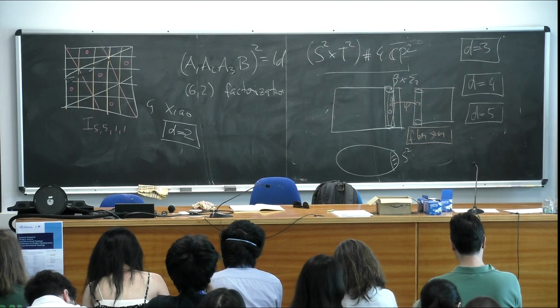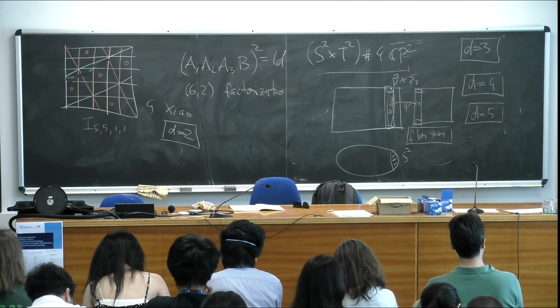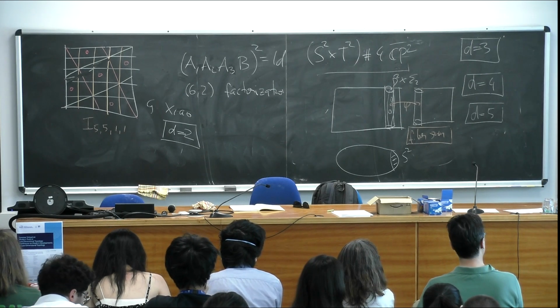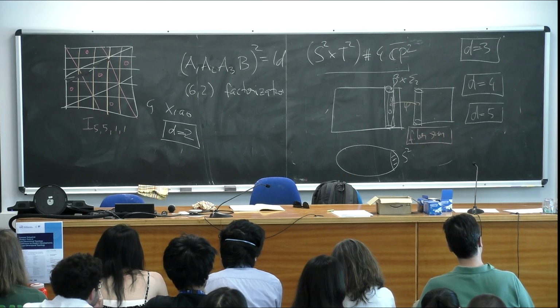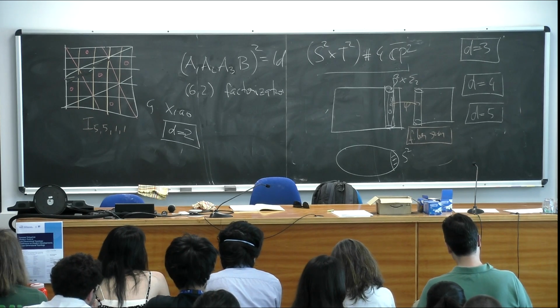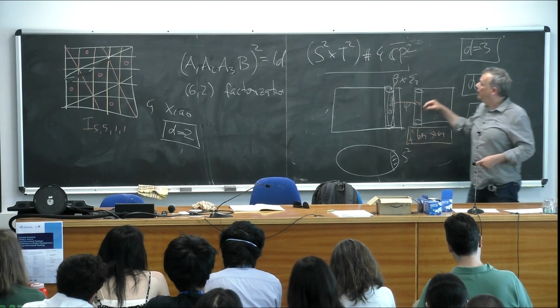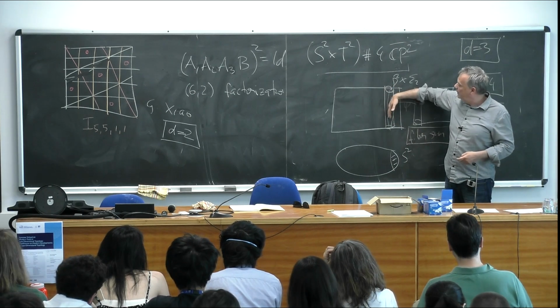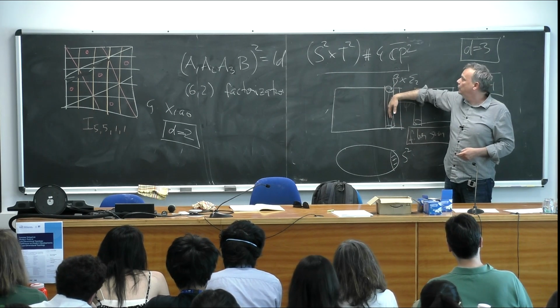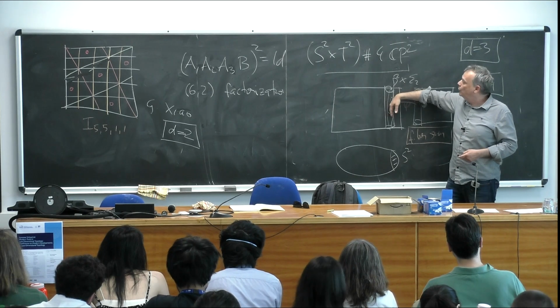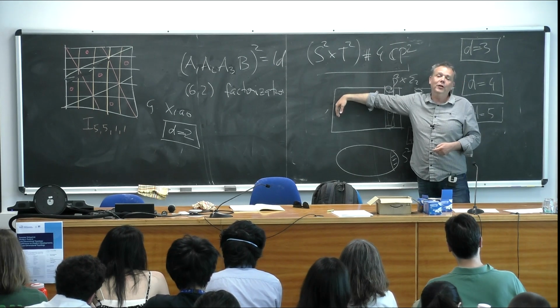But you have choices. Even if you want to understand what the fundamental group of what you get is, it turns out it does matter how you glue things together. What is the first homology you get? You have choices. Because what happens is that here, the first homology has rank 4 on the genus 2 surface, but some of the things die in the manifold. What are the things that die?